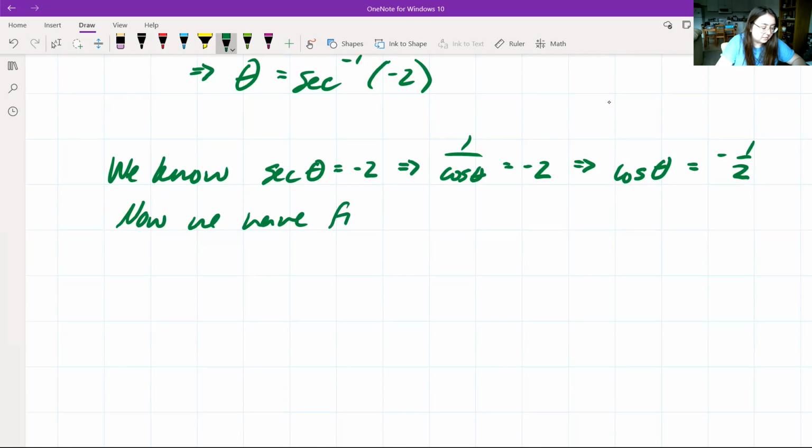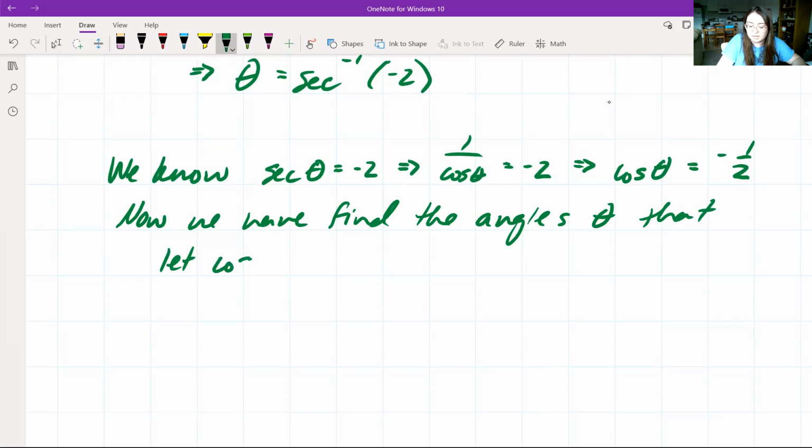So now we have to find the angles theta that let cosine of theta equal -1/2.